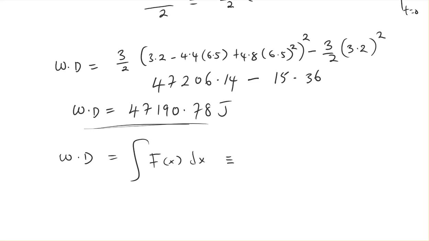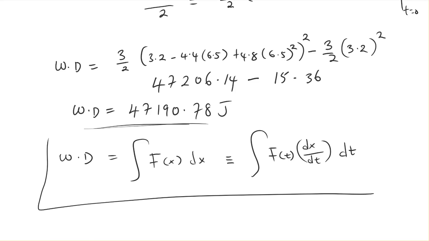This is equivalent to the integral of force as a function of time times the derivative of position with respect to time, dt. This expression works when your force is in terms of position and when you find your force in terms of time.